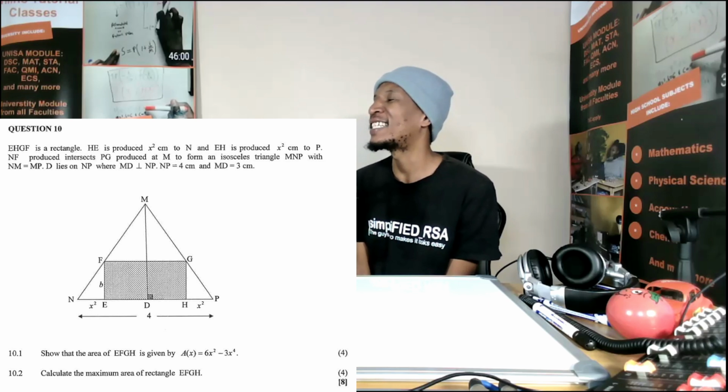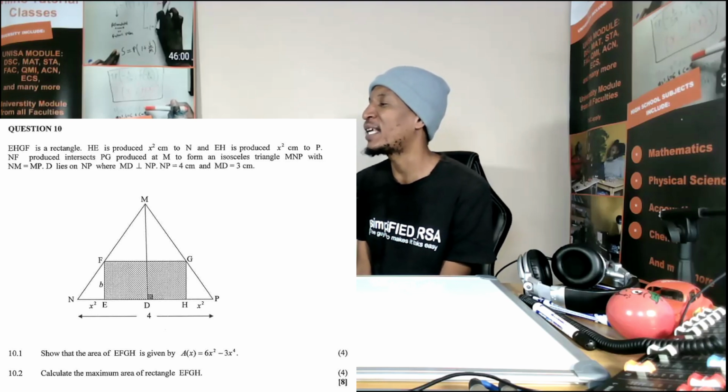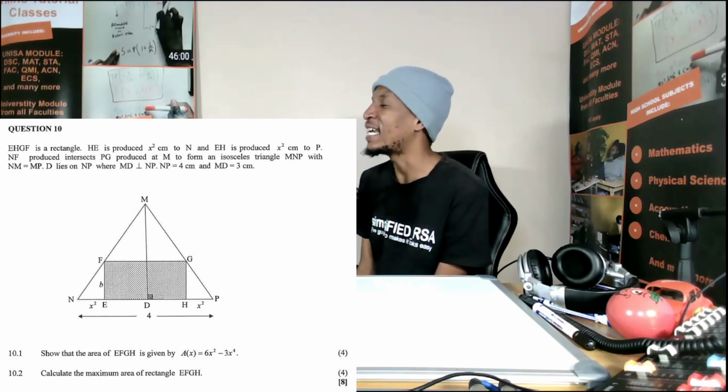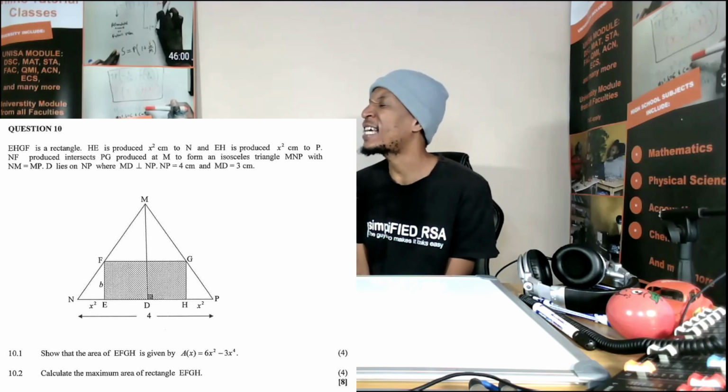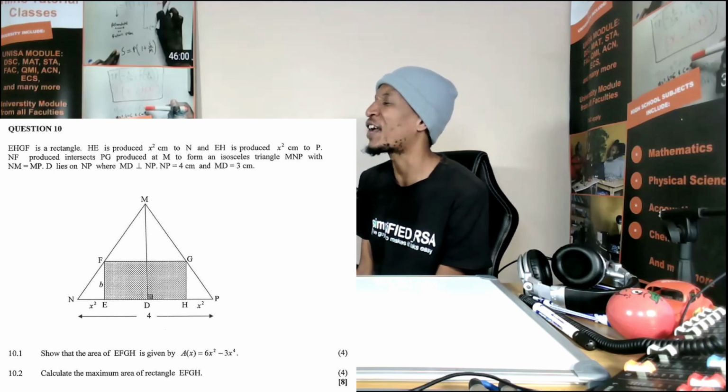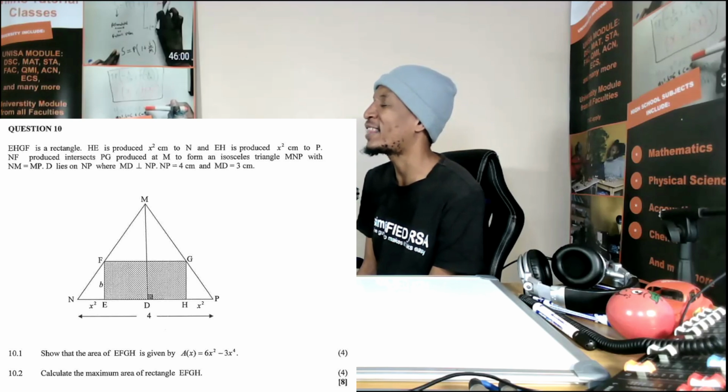D lies on NP where MD is perpendicular to NP. The size of NP is 4 centimeters and the size of MD is 3 centimeters.